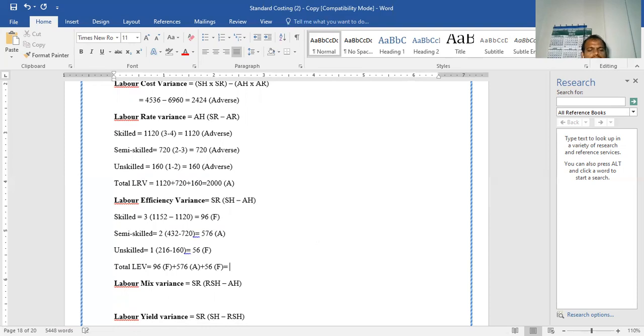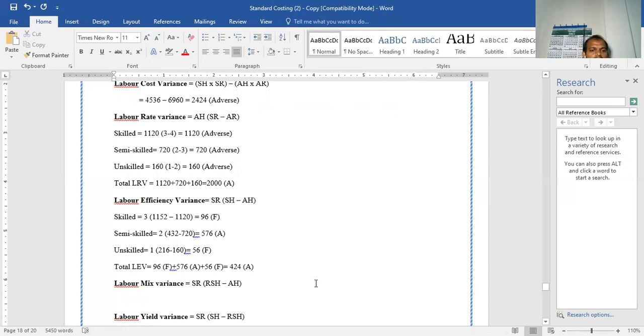We have to identify the difference between adverse and favorable. So it comes around 424 adverse. Adverse is higher than the favorable, so 424 is an adverse variance.